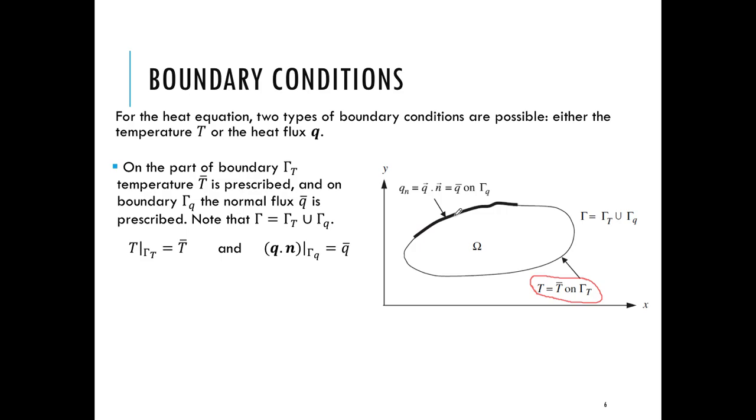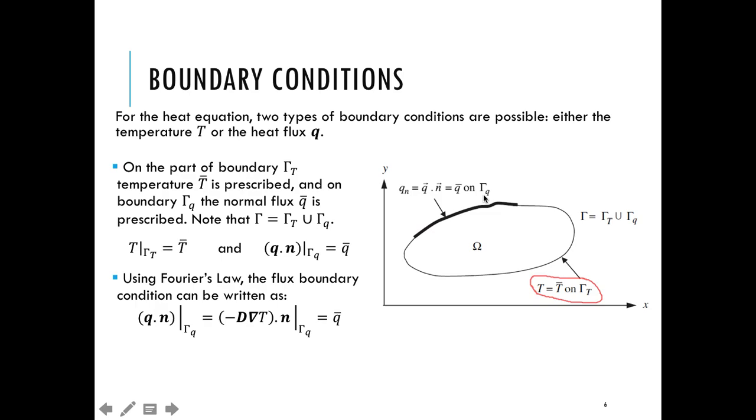So my entire boundary must be either on gamma T or on gamma Q. So I can write this condition in a union representation. The total boundary consists of the boundary on which the temperature is acting and the boundary over which the flux is acting. Okay.